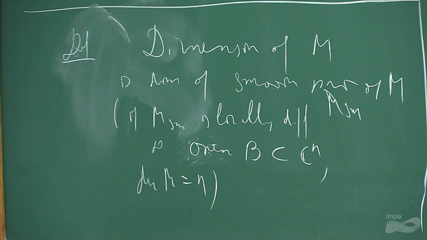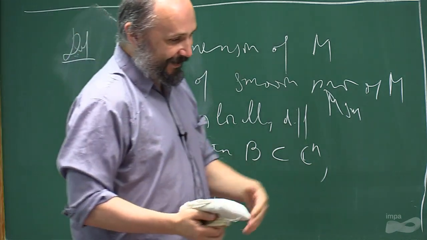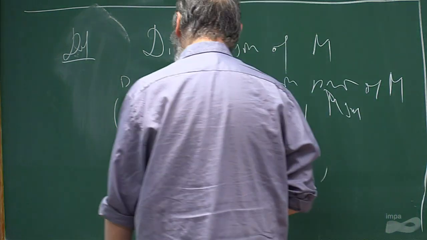So it is diffeomorphic on an open dense set. So it can't have two parts, one of one dimension and the other of a different dimension. This cannot happen because it is a ramified cover.